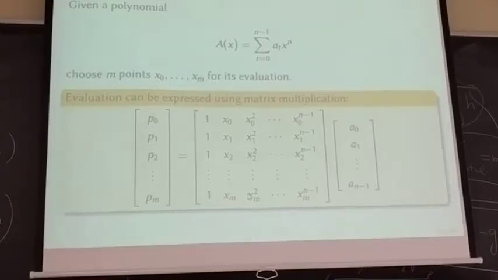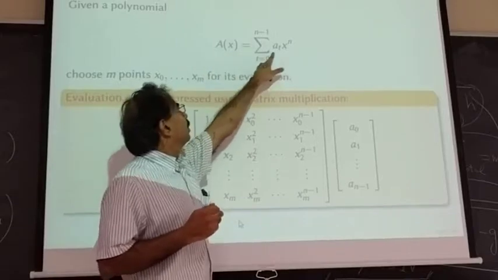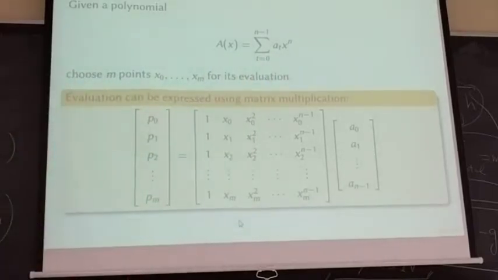Okay, so now you have the polynomial a of x, which is a_t x to the power t, right?